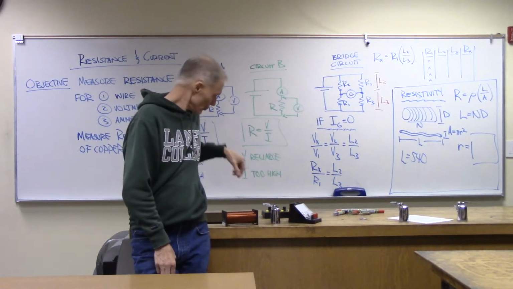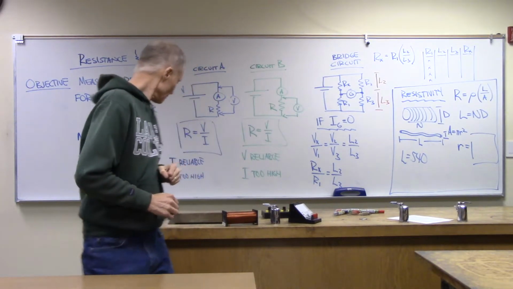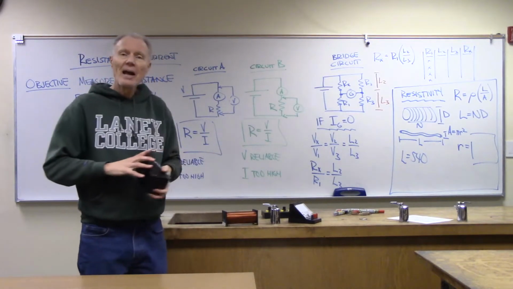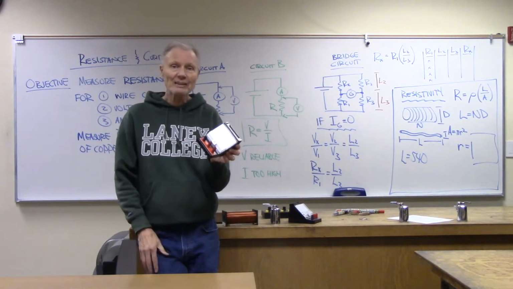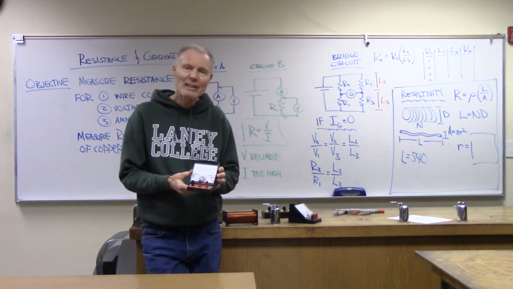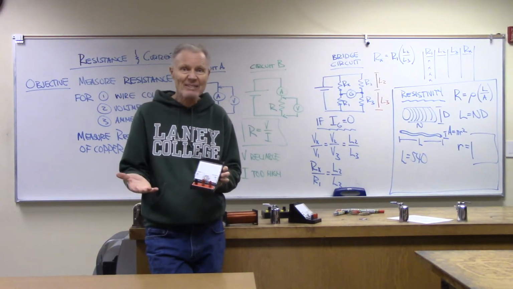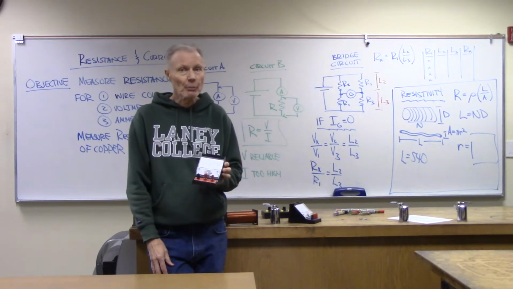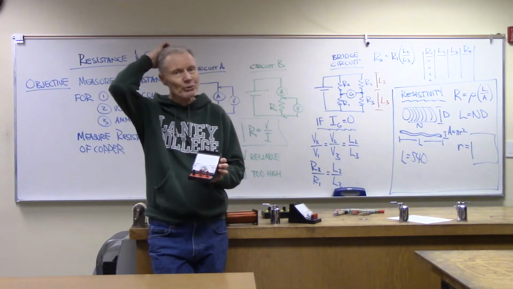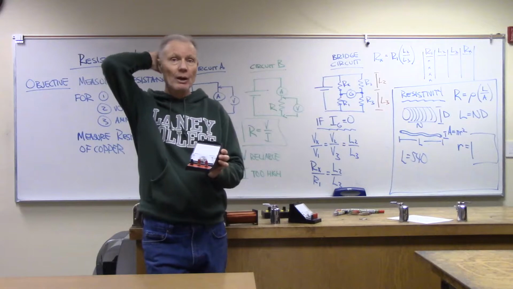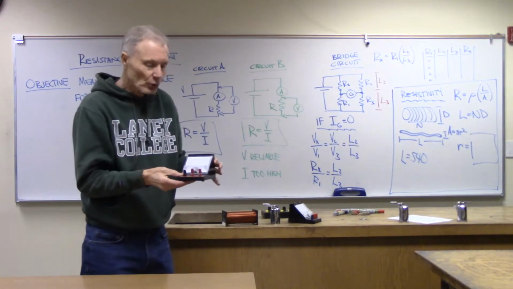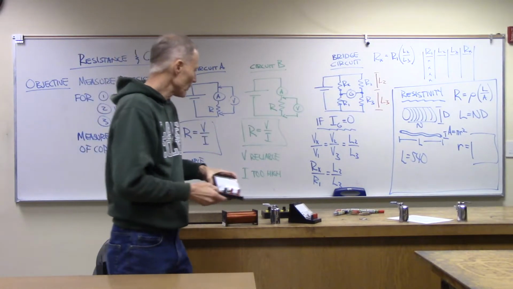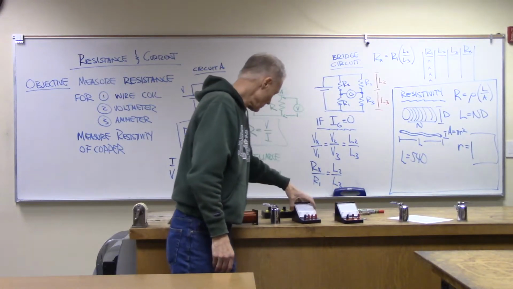But ammeters are actually pretty fragile because they have very little resistance, and if by accident I connect an ammeter the wrong way, I could burn it out. So ammeters are inherently more fragile than voltmeters because they have such low resistance.